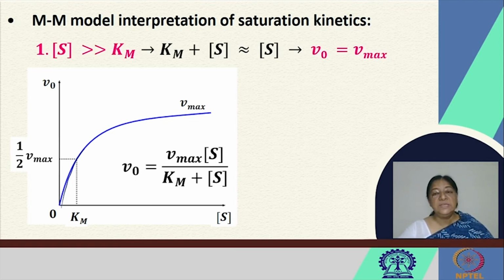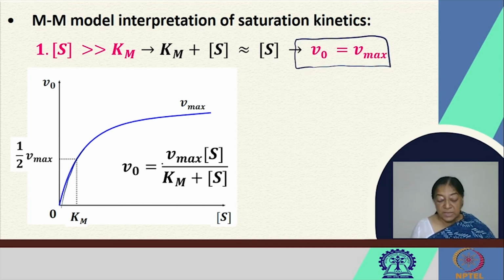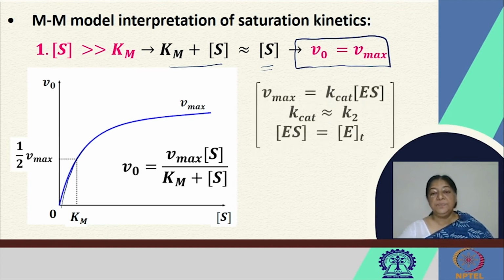And if we look at the substrate concentration that is much greater than the Michaelis constant, then we can form our equation in such a way that if we just plug this possibility into this equation, we say that the Km plus the substrate concentration is very close to the total substrate concentration, as a result of which we can get the V0 equal to the Vmax when the substrate concentration is very high.